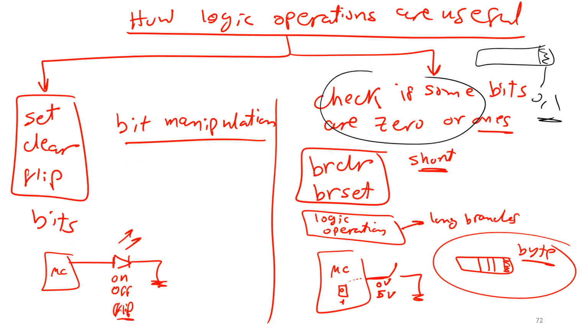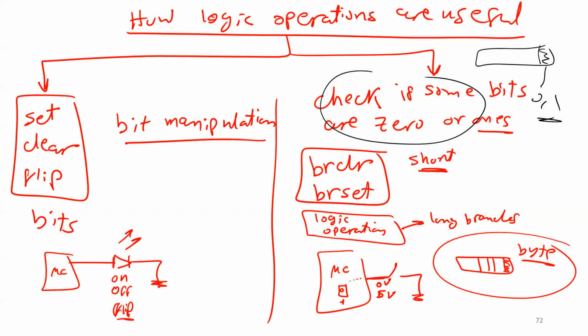Why is this important? As I'm going to explain in chapter 3, all the input-output devices are connected to ports.